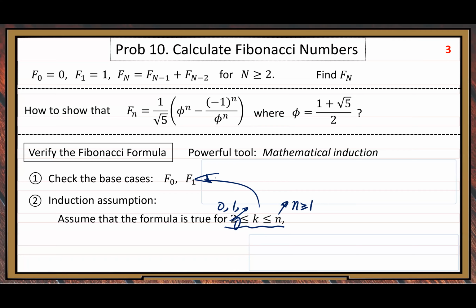Here we can do step 3. In this range, when k is in this range, we assume this fk has this expression. You assume it's correct, in a certain range.